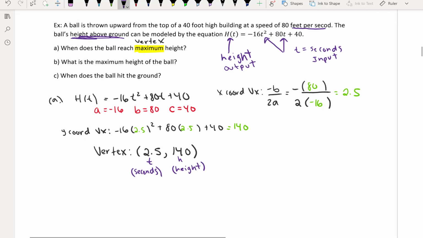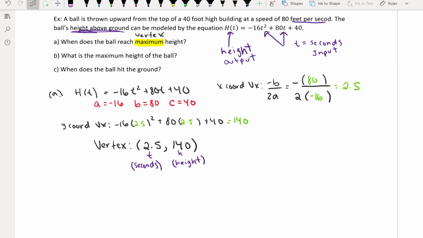So for part A, when it's asking me when does the ball reach maximum height, then I can specifically say maximum height is reached at 2.5 seconds.